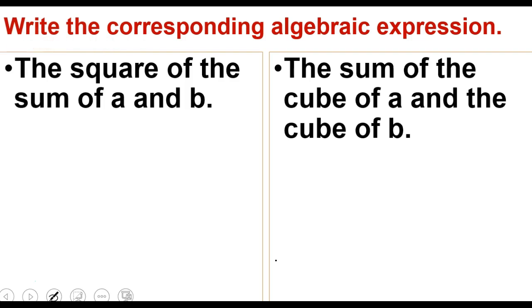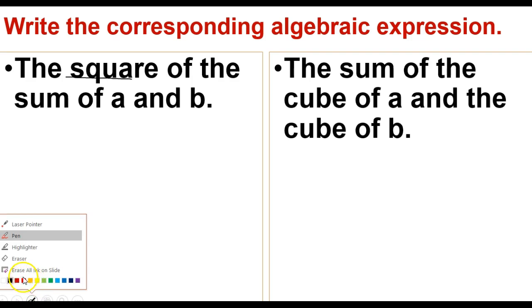Next, now we are given words, expressions, phrases to write in exponential form. So the square of the sum of A, B. Try to interpret each part separately before you put them together. It says the square of. So if I have the square of, okay, let me change the color a bit here.